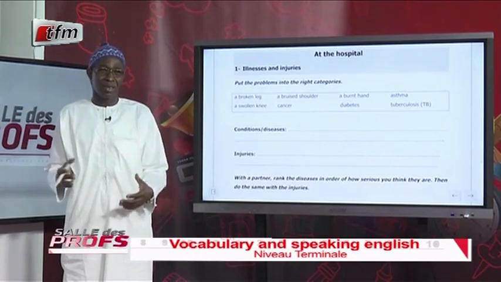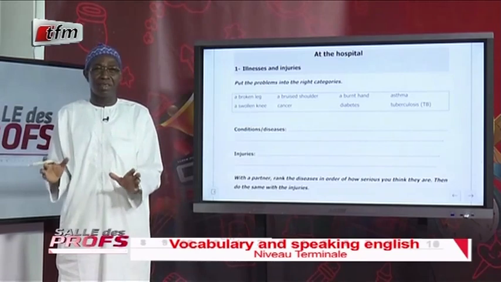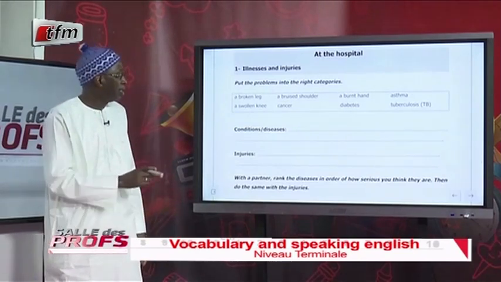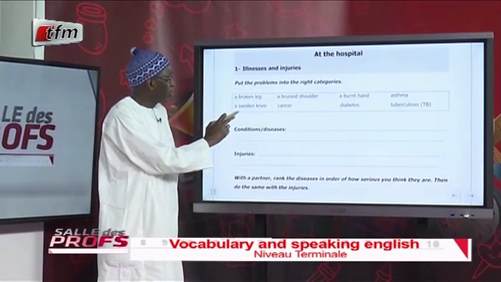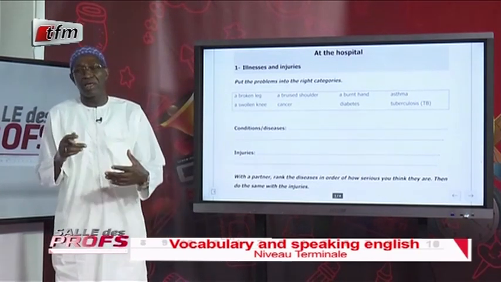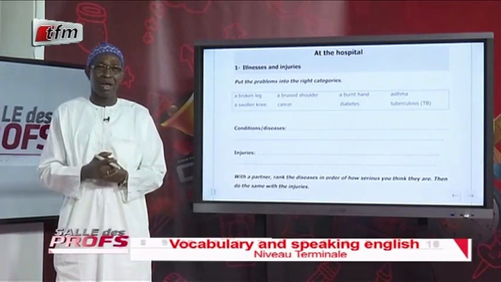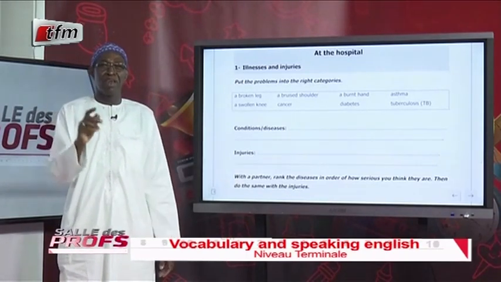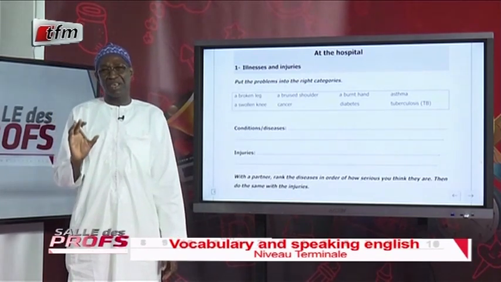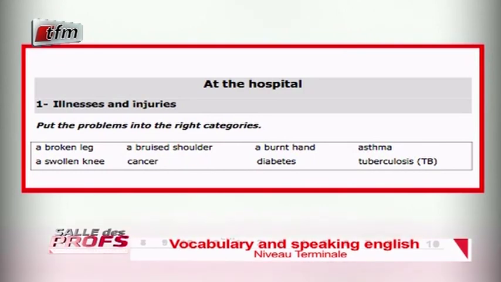And then we'll take a few minutes to see the answers and make some comments. I think when you are going to your speaking exam at the baccalaureate, many of you are marked down because of pronunciation. So it is important for you to pay attention to how you pronounce the different words.